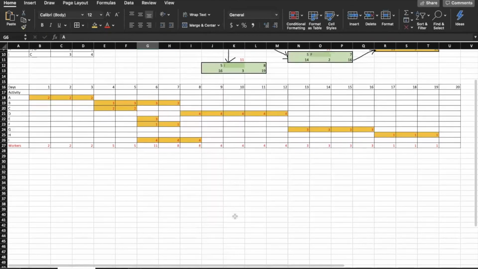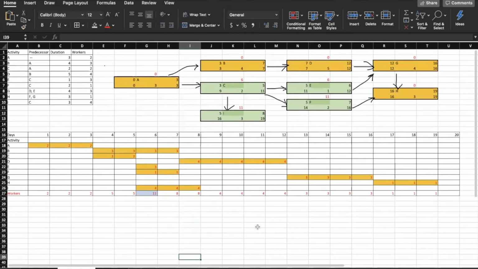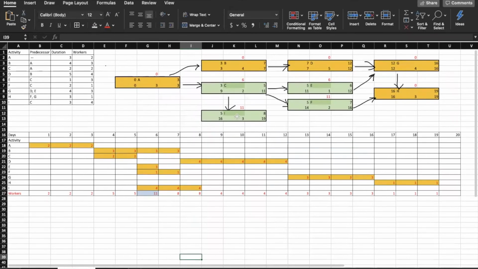So now based on those numbers, we can see if we can move some of the assignments that are not critical and take those activities to days that we don't have as many workers involved. So we don't have 11 workers on day 6. And those would be any of the green activities that we can move around.